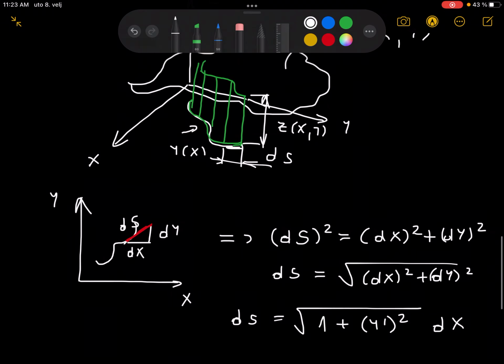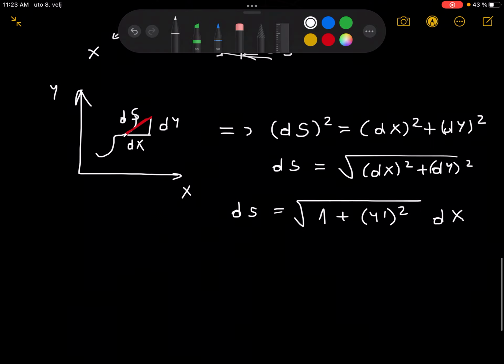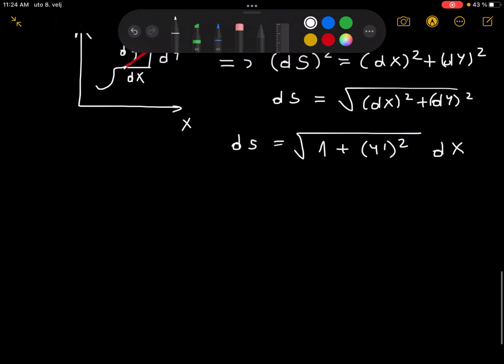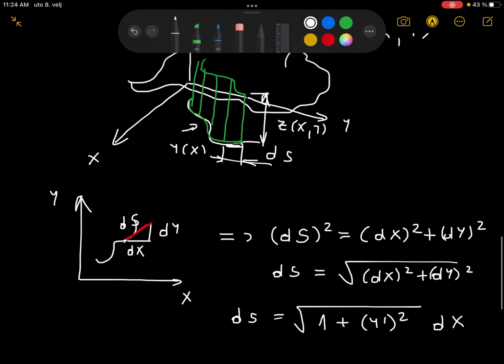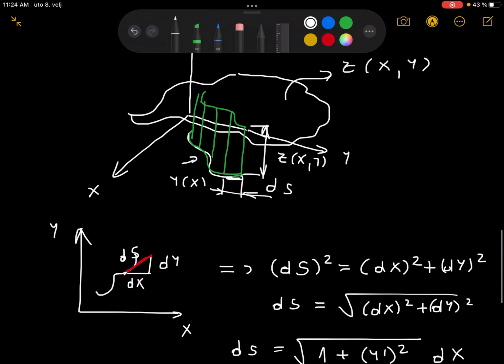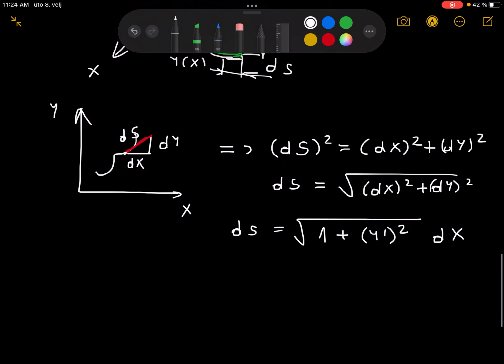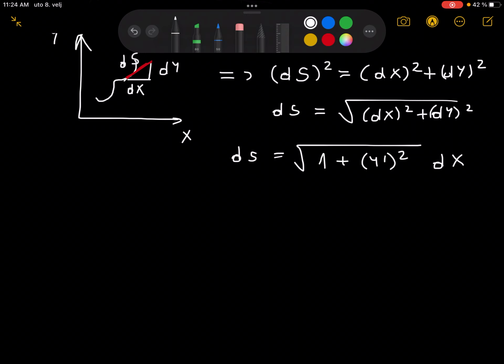And the height of this small rectangle is going to be z of x and y. So that's just for one of these rectangles, and the area of one of these rectangles is going to be its height, which is z of x and y at that point, times its width, which is just the square root of 1 plus y prime squared, dx.